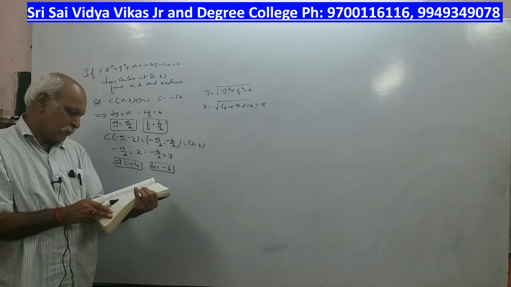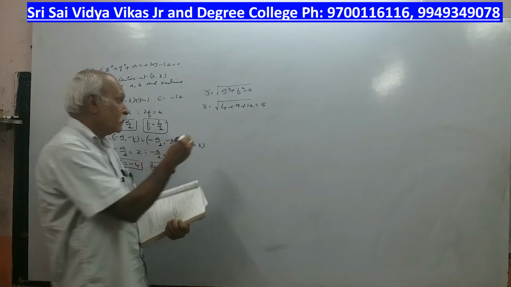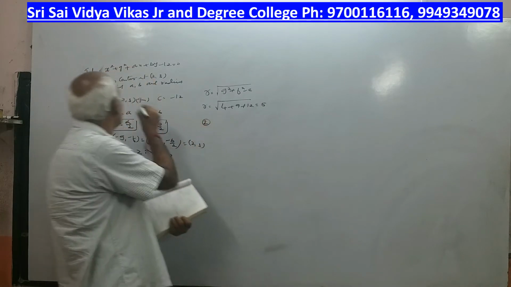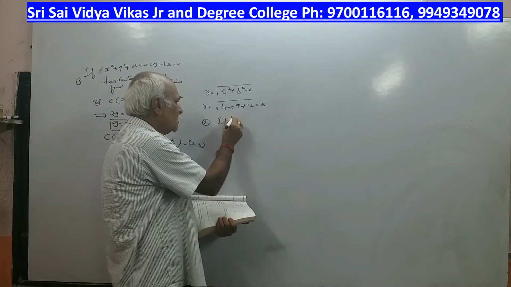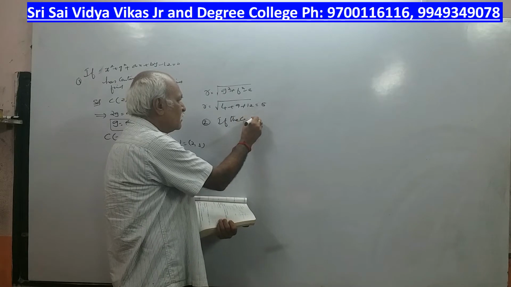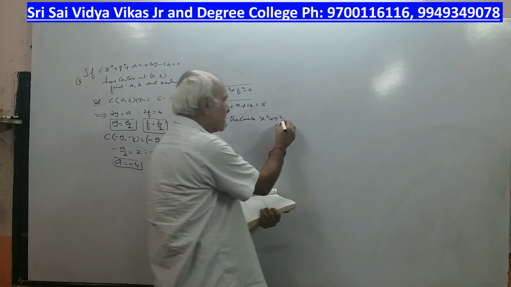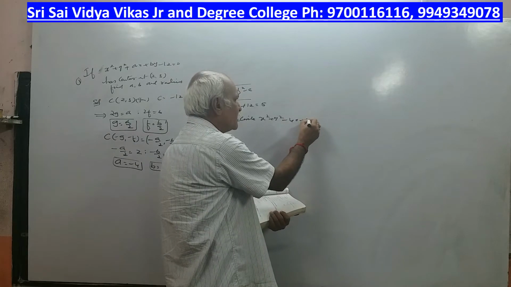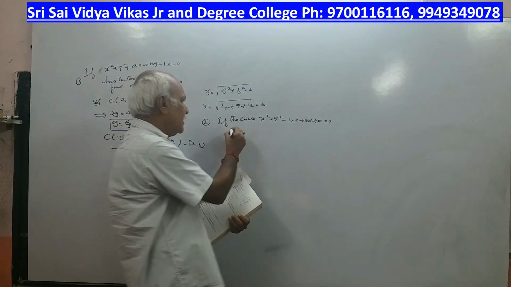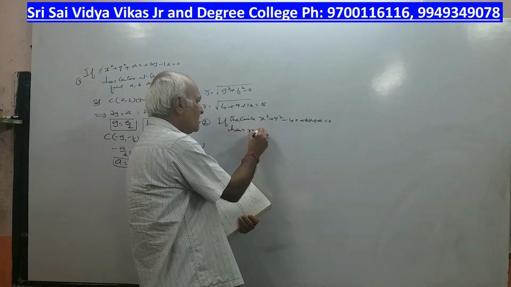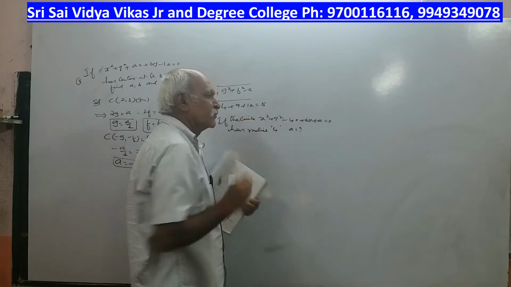Okay. Now one more problem. If the circle x square plus y square minus 4x plus 6y plus a is equal to 0 has a radius 4, then find the a value.